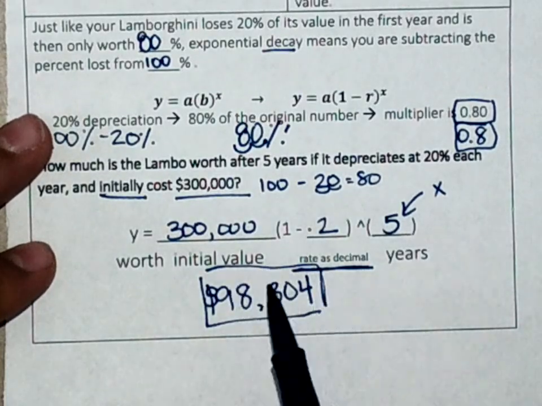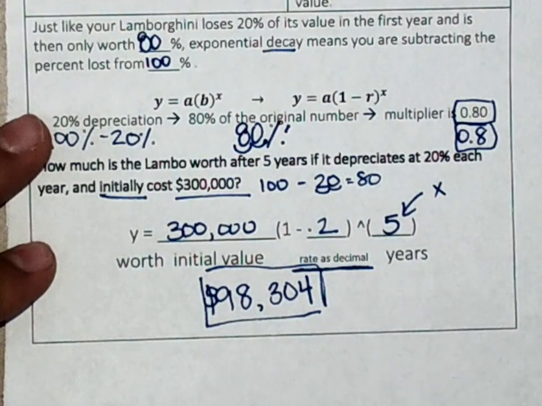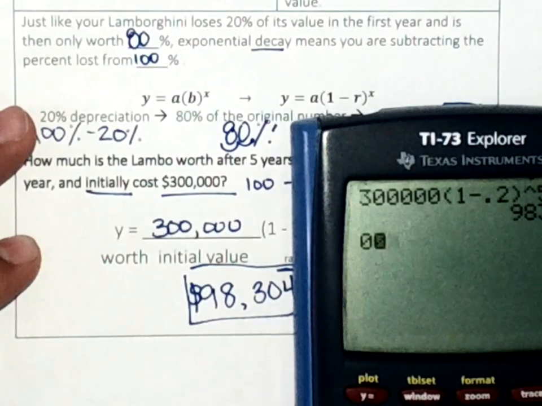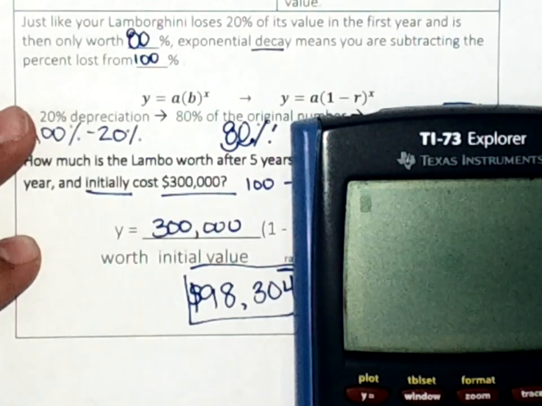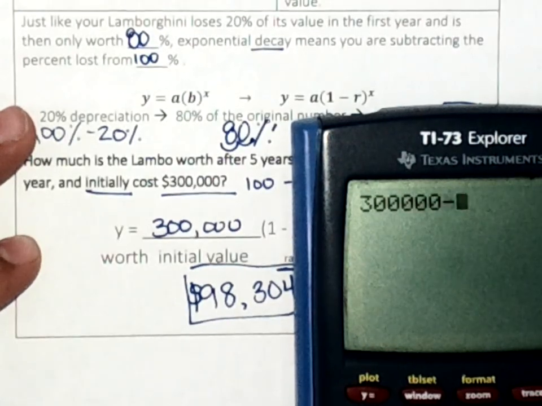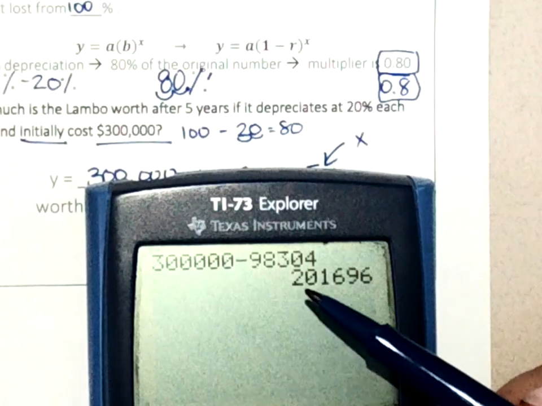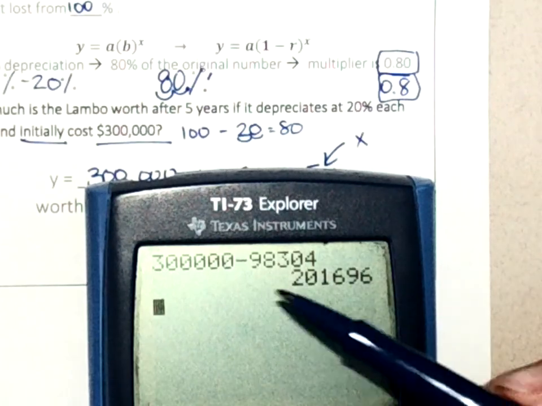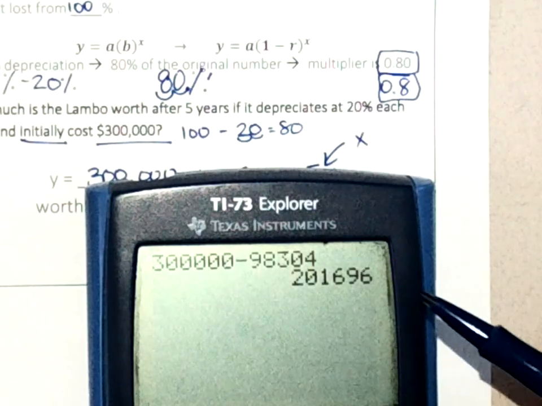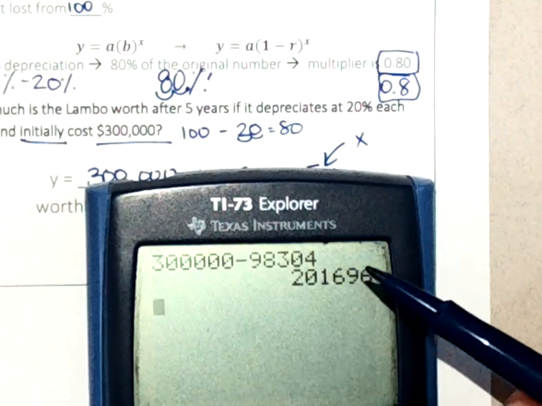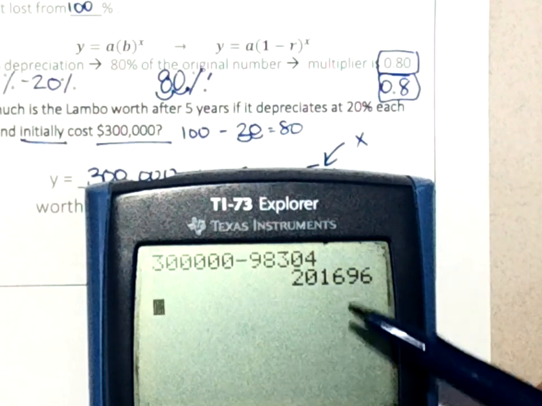Therefore, after 5 years, my car has lost $201,069 of worth. So in 5 years, I've already lost that much money.